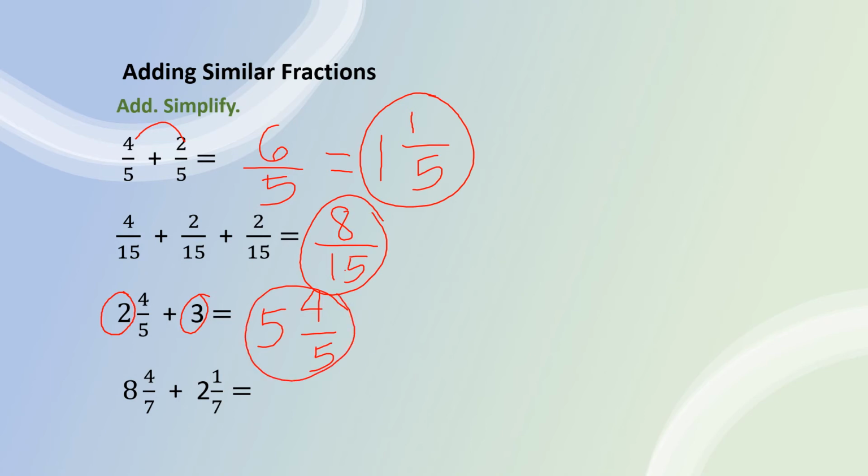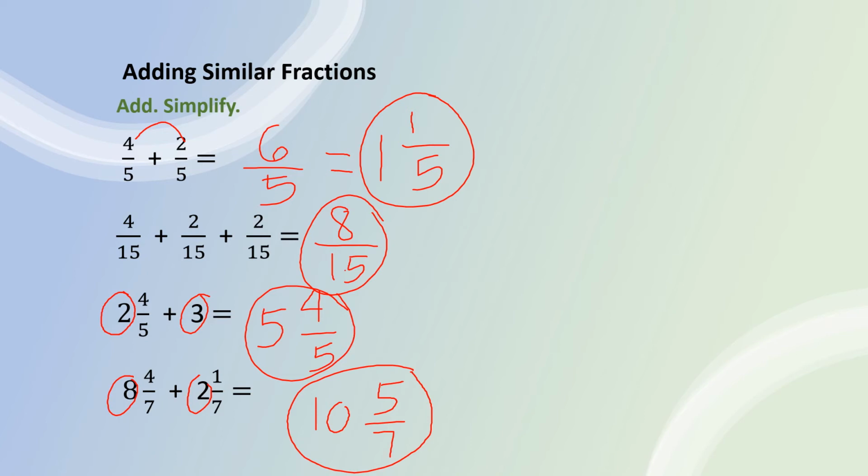Okay, let's have the next example. Let's add the whole numbers. 8 plus 2 is 10. Then 4 plus 1 is 5. Copy the denominator, 7. 10 and 5/7. It's already in its lowest term.